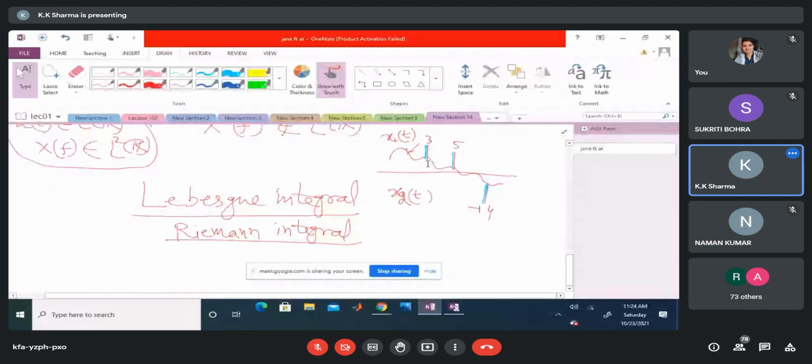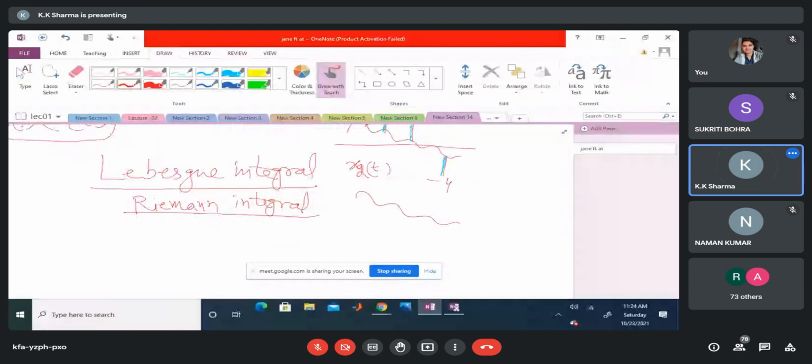Suppose you have a signal which is identical, and another signal which is identical with this, except at this interval. So between, let us say, T1 and T2, you have a different signal, otherwise it is identical with x1(t).